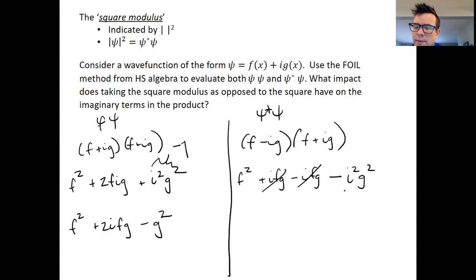The imaginary terms cancel. This becomes -1, since i squared is -1, and you're left with f squared plus g squared. What impact does taking the square modulus as opposed to the square have on the imaginary terms in the product? Well, you can see that this has no imaginary terms.